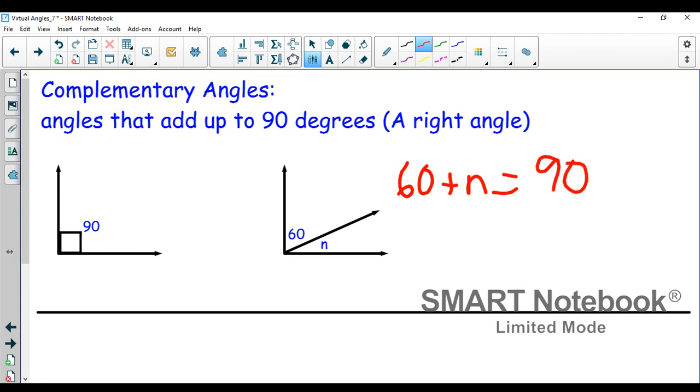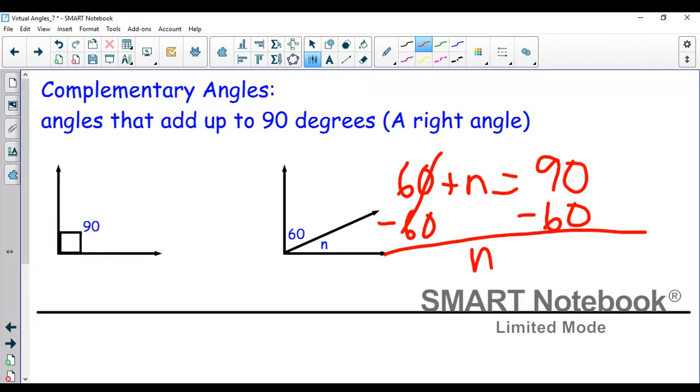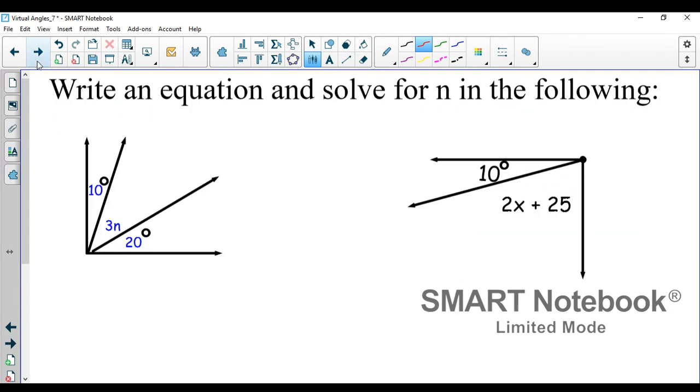So in order to figure out what that unknown is worth, it's just a one-step equation, and we find that n is 30 degrees. And that makes sense because if n is 30, 60 plus 30 is 90. So complementary angles are angles that add up to 90 degrees.